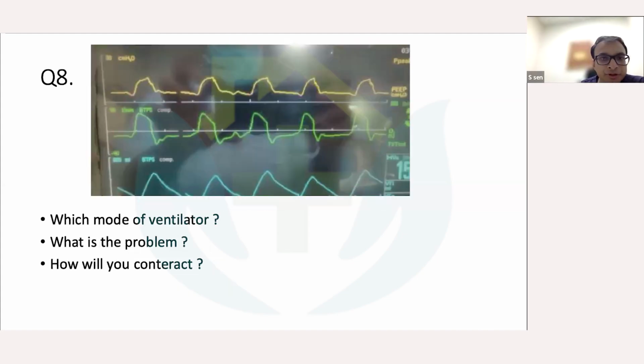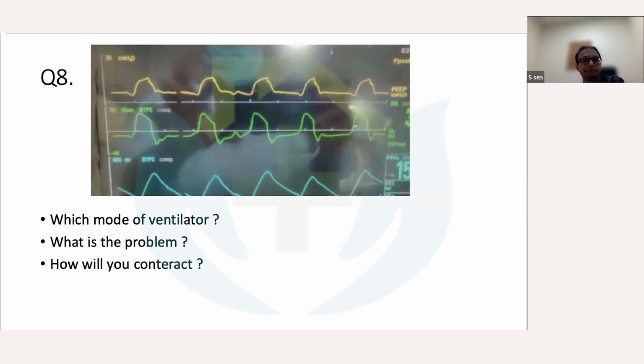Good. We'll proceed. What mode of ventilation is this? What is the problem over here, and how will you counteract? So I can see ineffective trigger.